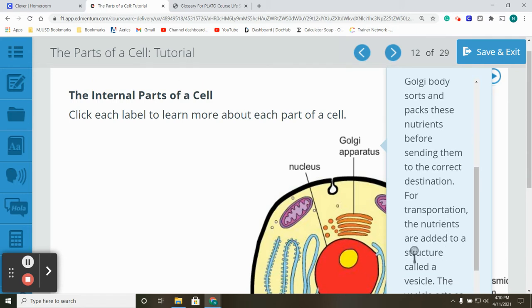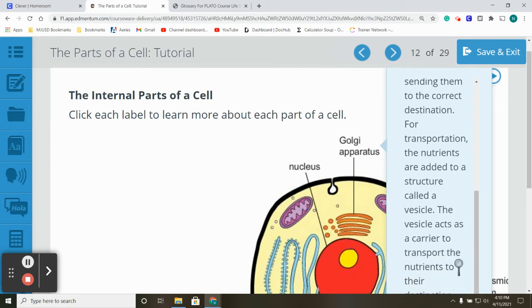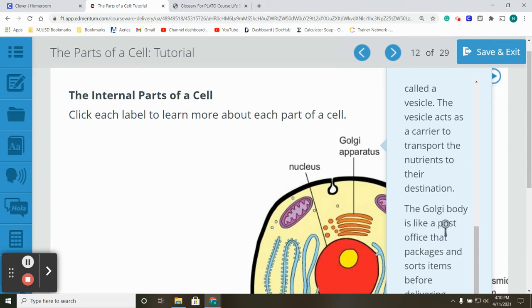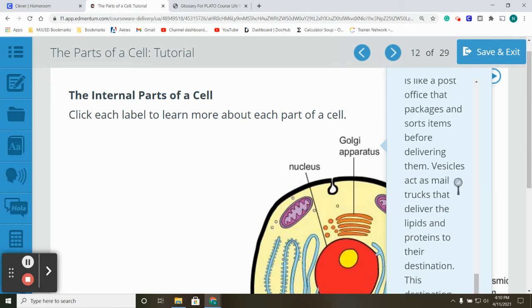The nutrients are added to the structure called a vesicle. The vesicle acts as a carrier to transport the nutrients to their destination. The Golgi body is like a post office that packages and sorts items before delivering them.